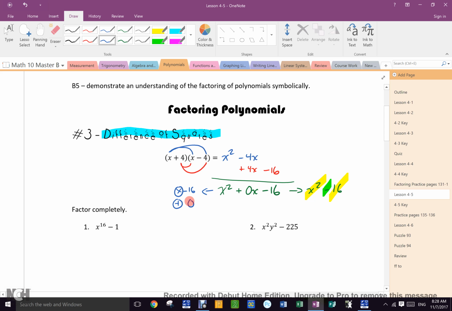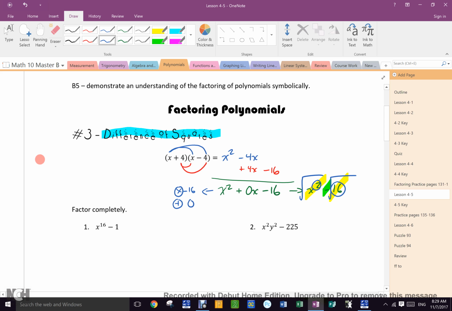But of course, like many things in math, we get a pattern developing that we can use and exploit to our own benefit. When you come up to a binomial that has a square and a square, if both of those can be square rooted, then you can follow the pattern I'm about to show you, which is simply this.